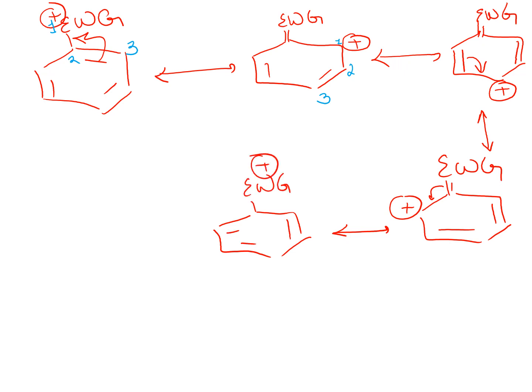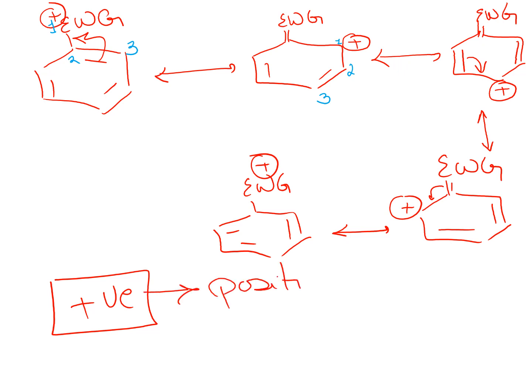Let's look at these structures. You will notice that the ortho and the para positions are the positions that carried a positive charge. What does a positive charge mean? It means that this position is devoid of electrons. Its electrons have been taken away from it.